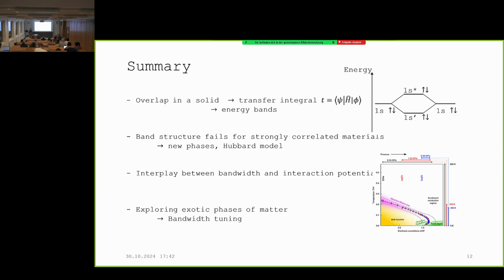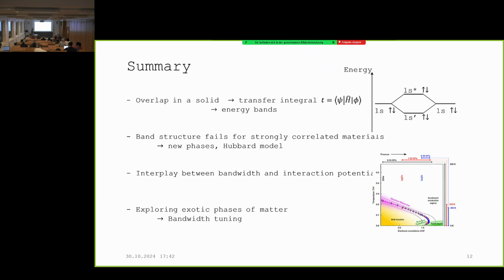Okay, so to quickly summarize, we looked at overlap integrals, overlap of the wave functions for transfer integrals, to understand how electrons move a bit better, and this also helps us understand what band structure is. And really, I introduced just enough band structure to understand where it fails.